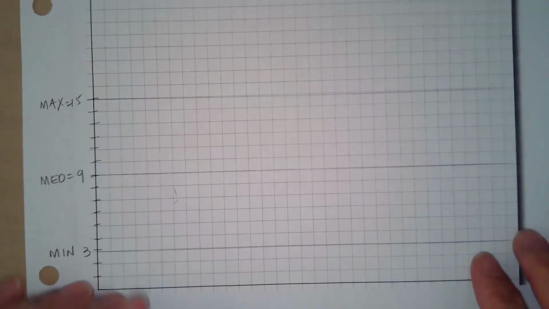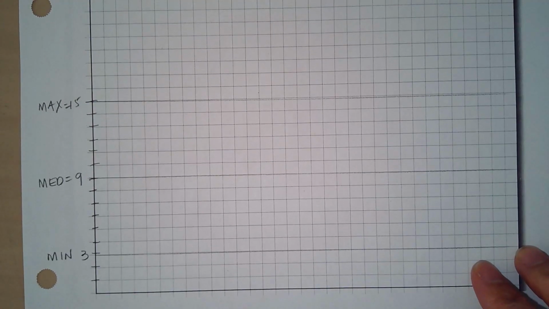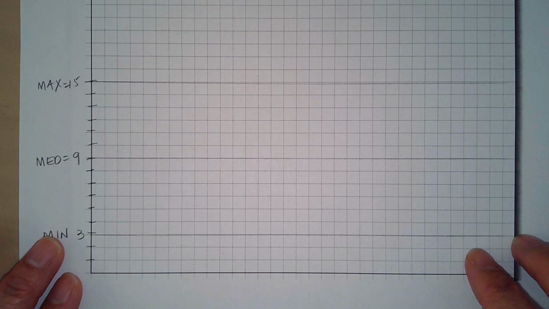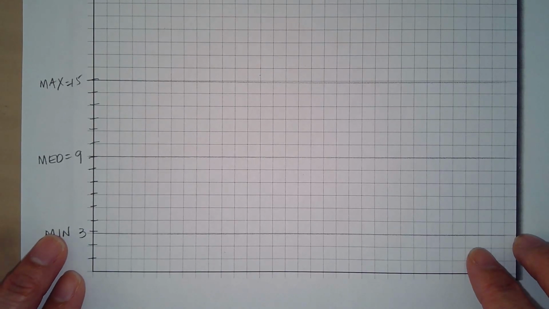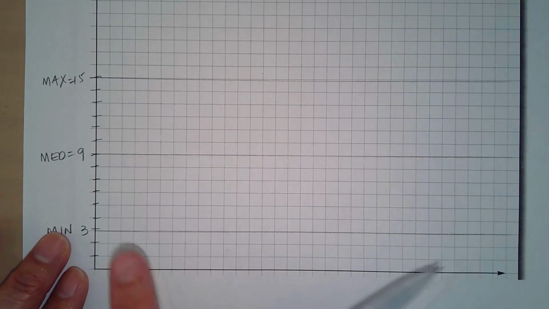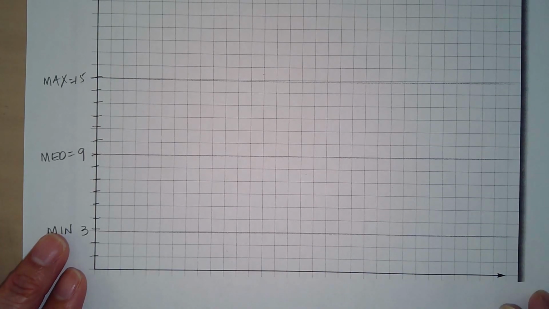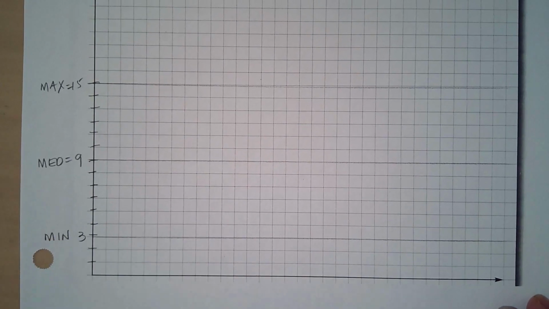Okay. Did we figure out the period? Period is 16. So what do you think we should go up by? You went by 2? If we go by 1, would it fit?